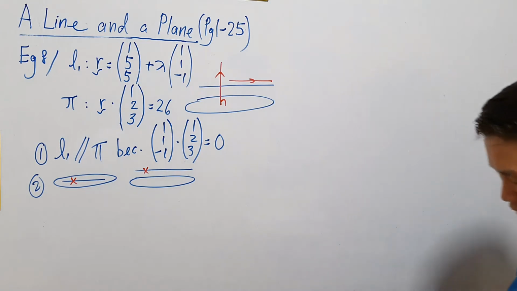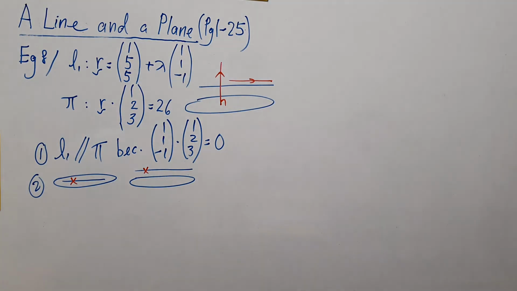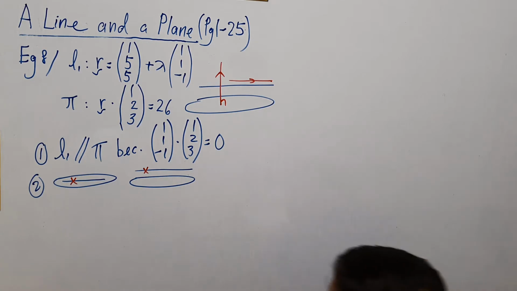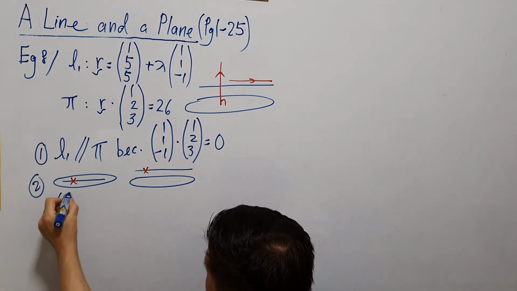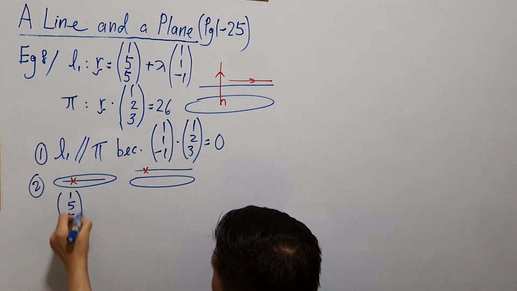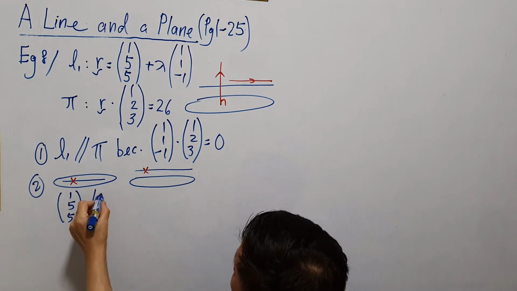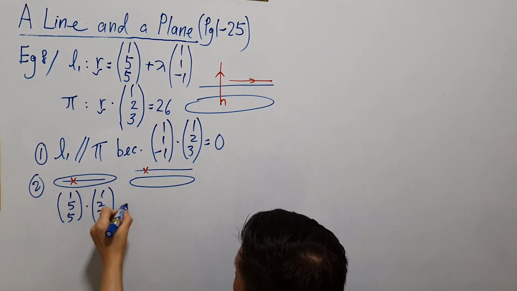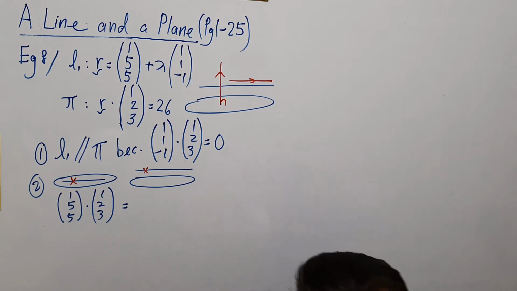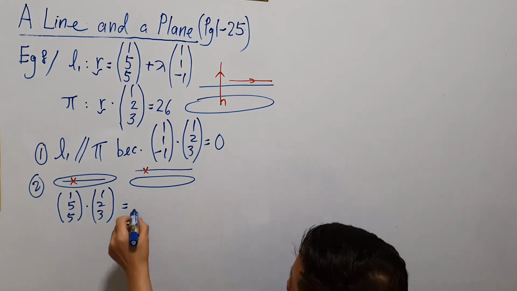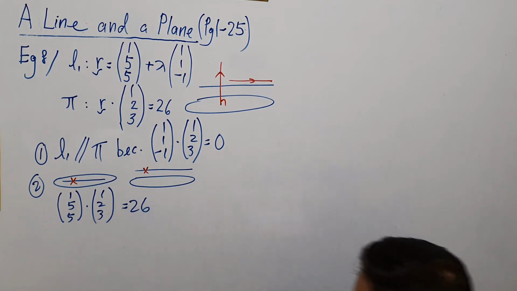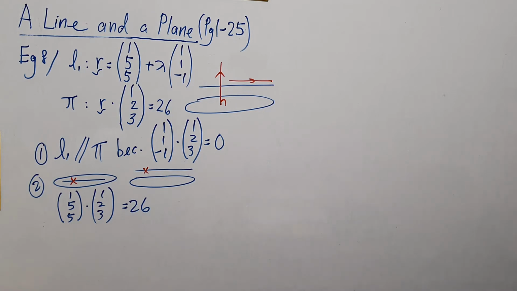So how do you check? Let's check whether or not this point (1, 5, 5) is on the plane or not. So take the point (1, 5, 5). You dot with (1, 2, 3). You get 26. If you get 26, that means the point (1, 5, 5) is on the plane.